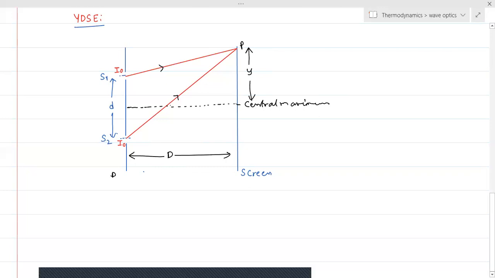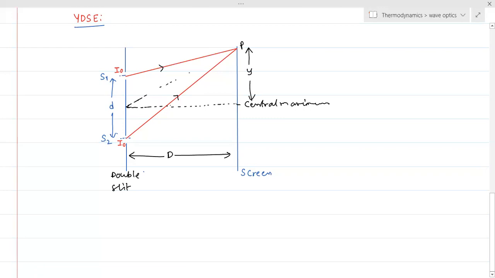So this is called a double slit. Double slit means two openings we have. That's why it is called Young's double slit experiment. And we have been considering another reference line. Suppose I am taking a reference line which originates from the center of the light sources like this.